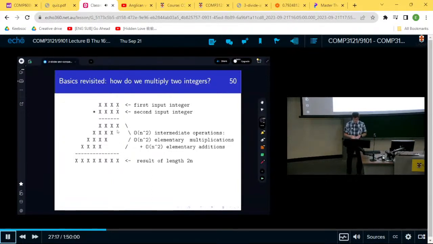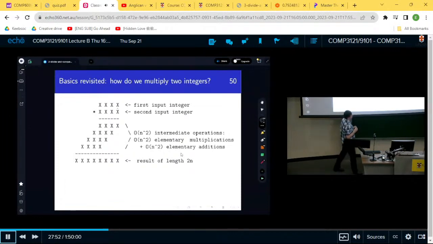So first some multiplications, and then how many additions? Also order n squared additions. Okay. And doing all of this now gives us a result of length 2n. So the resulting integer has length 2n.